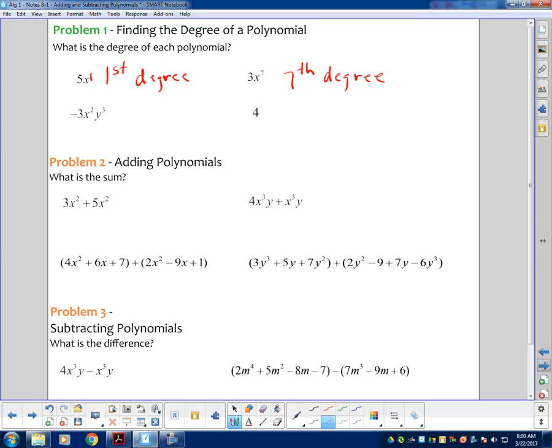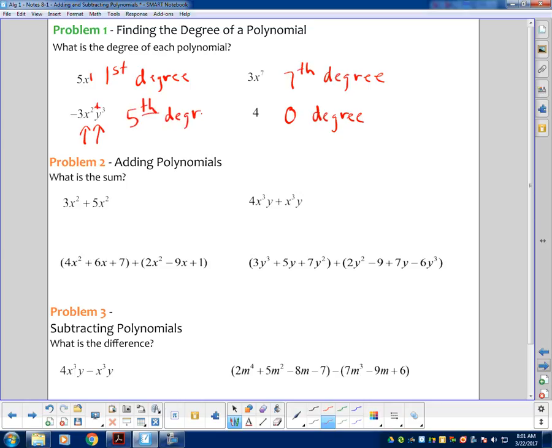Of course, the constant term 4 is 0 degree or 0 degree polynomial. And this one, we can see that there are 2 variables. And when we have 2 different variables on one term, we add the 2 powers. So 2 plus 3 is 5. Therefore, this is a 5th degree.